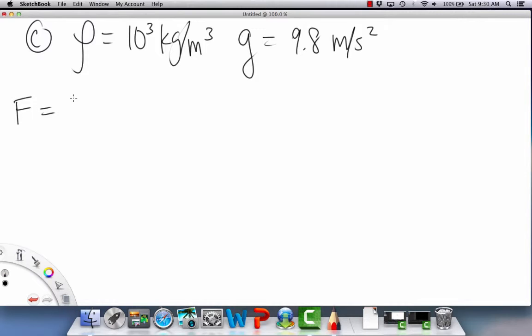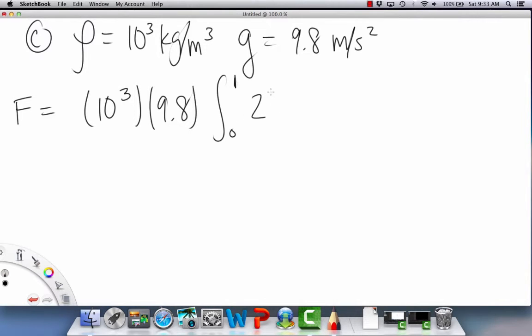So we'll plug in our 10 to the third, and then times our 9.8, and then we have the integral from 0 to 1 of 2 times square root of y, that would be y to the 1/2, times 1 minus y, and dy, right?